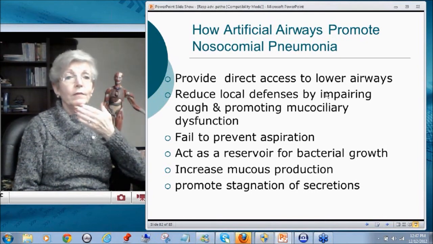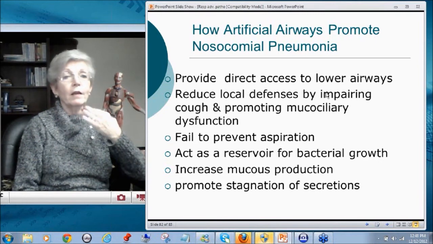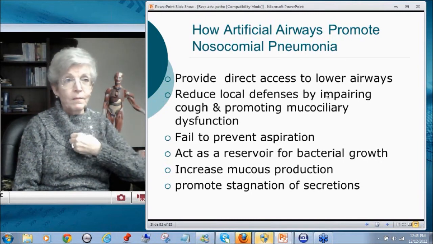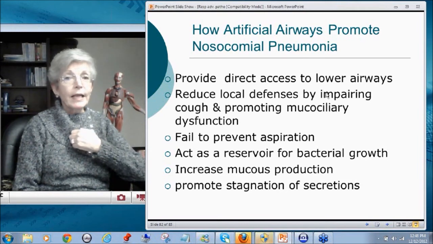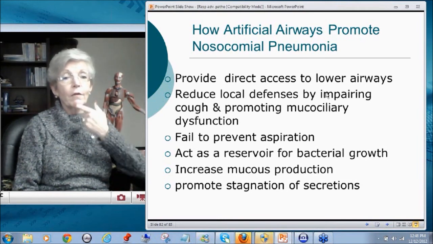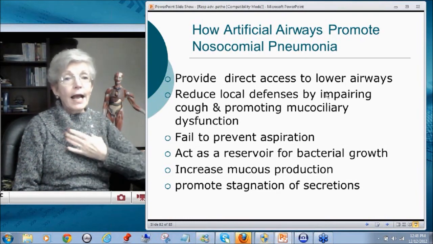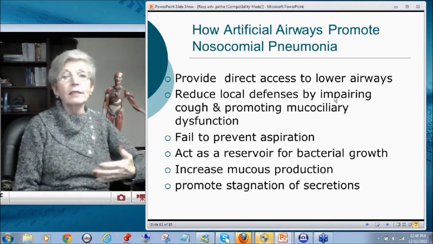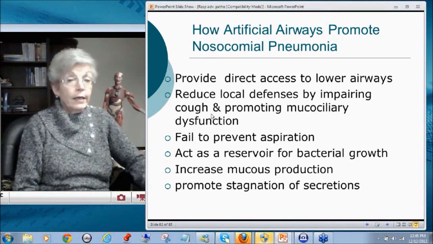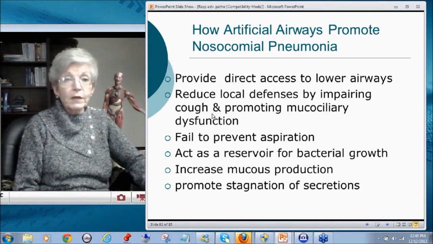We've got our cilia, we've got little hairs on our nose to filter things, we've got all sorts of things to keep us from getting problems. But when we directly intubate through the nose, the mouth, or the trach, and access the airways, we've lost the body's normal defense mechanism. So it impairs coughing reflex and promotes mucociliary dysfunction.